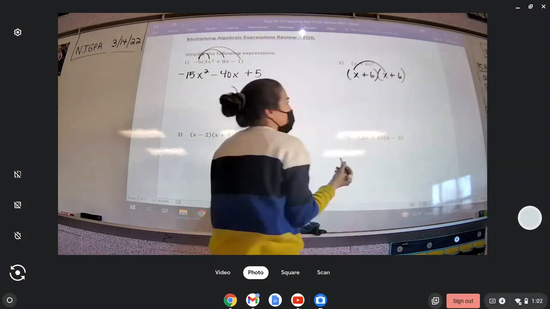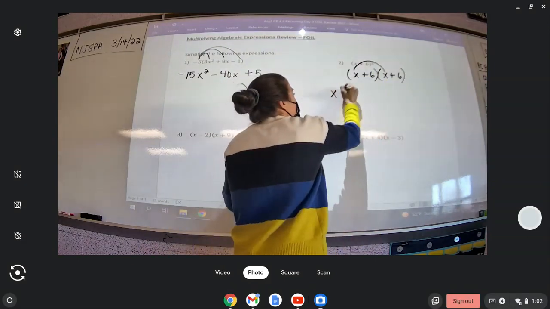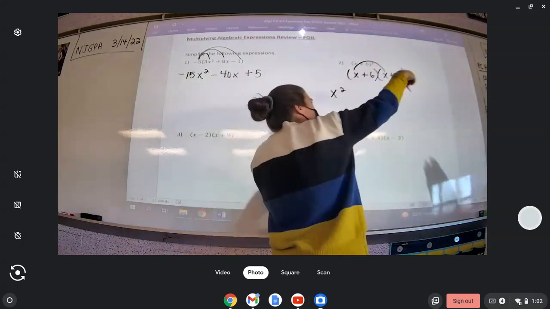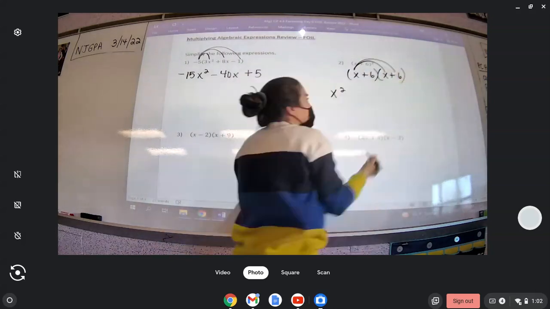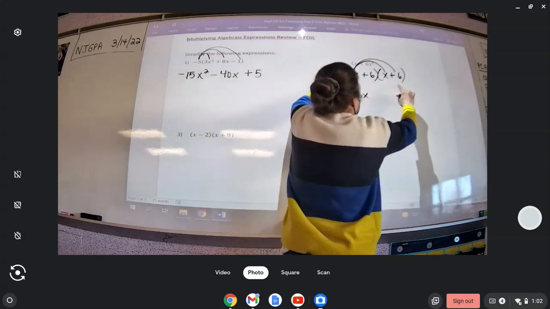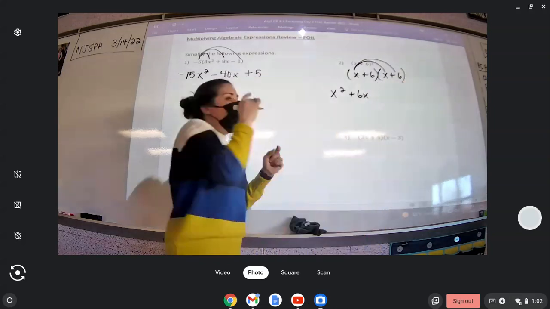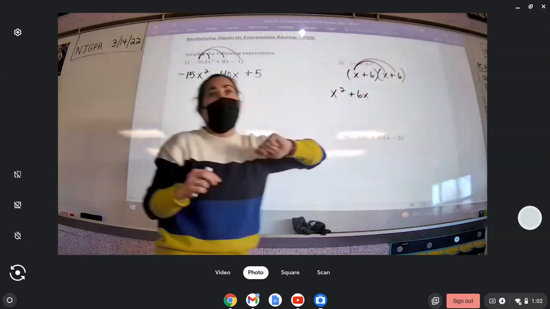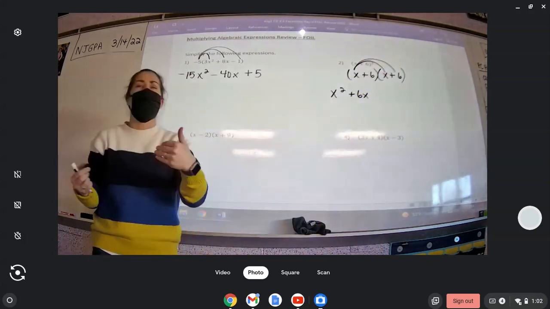So what's x times x going to be? X squared. That's the F from FOIL, the first 2 pieces. All right, now we distribute him again. What's x times positive 6? That's positive 6x. That is the O in FOIL, the outside 2 terms. Have you taken x and distributed him to everything in the second parenthesis? Yeah, so you're done with him.